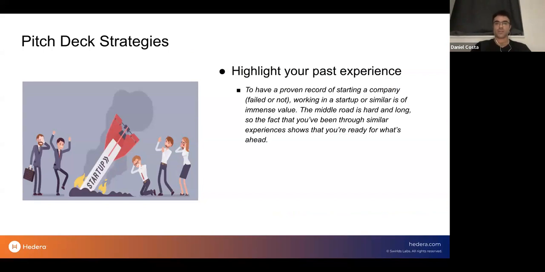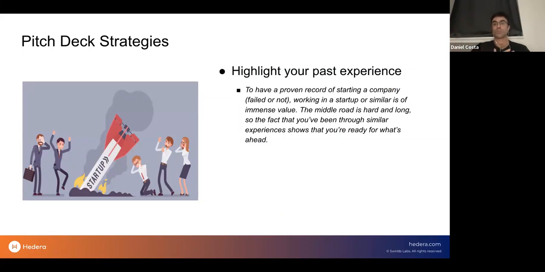Highlight your past experience. If you started something before and failed, that's a good thing. If you worked in a startup, or had a startup, and went through that grind, you understand that at the beginning everything is great. You get dopamine hits, you're getting your product out and building, and everything is very exciting.